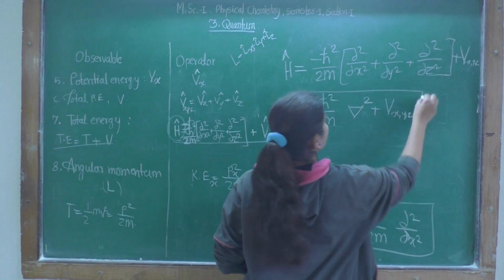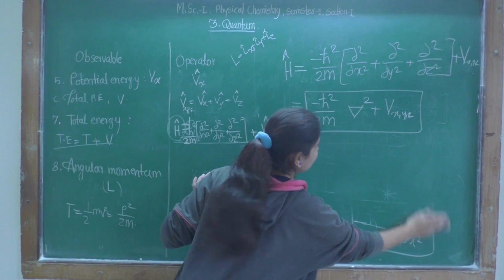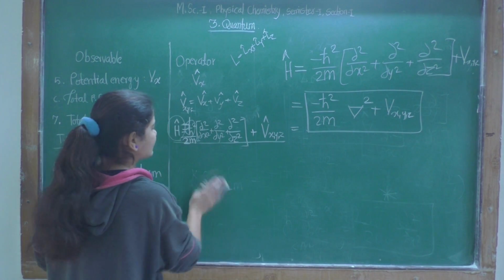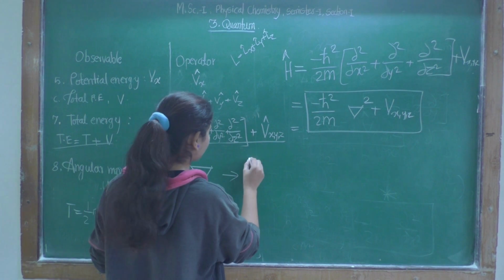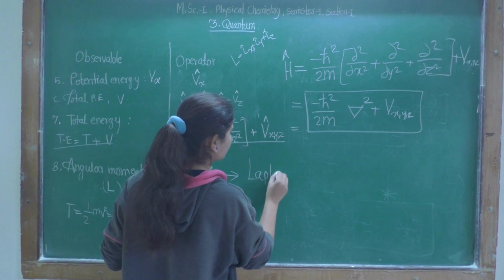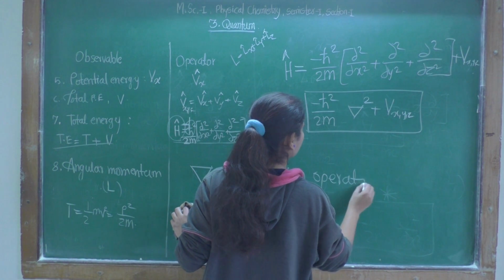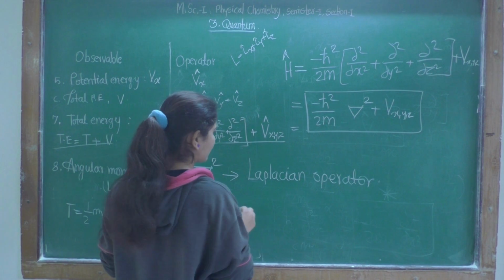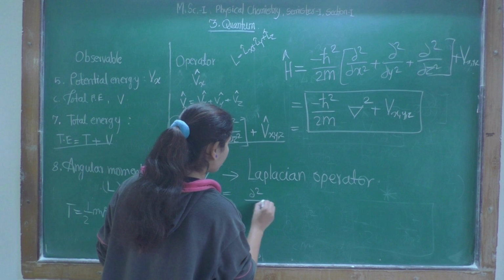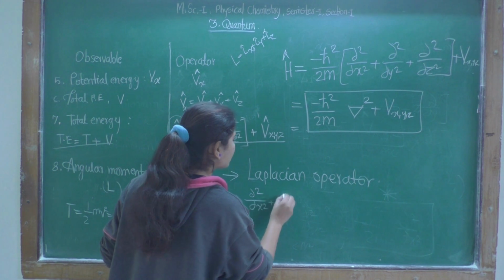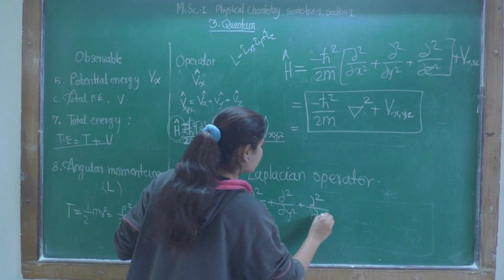This is very important. And now we can say what is del now? Del is called the Laplacian operator. Del square is called the Laplacian operator, and its value is equal to ∂²/∂x² plus ∂²/∂y² plus ∂²/∂z².